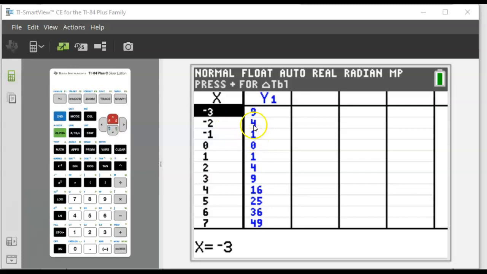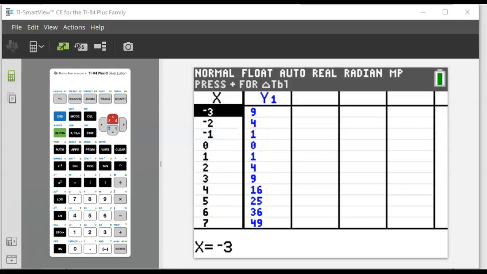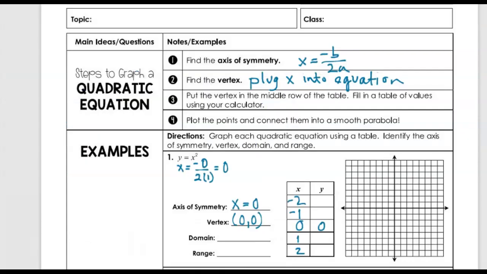Negative 2, that's going to be 4, 1, 0, 1, 4. And so if we go back to the graph, notice that we can put those numbers in, we're going to graph those. The axis of symmetry goes right through x equals 0, and that is a graph of y equals x squared.